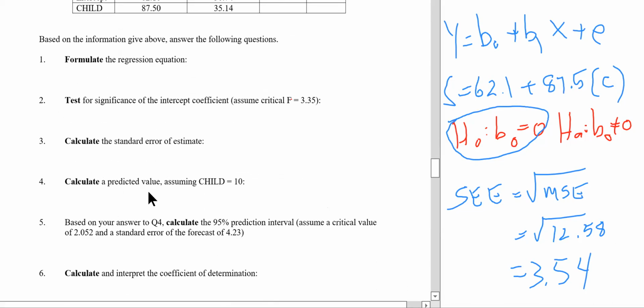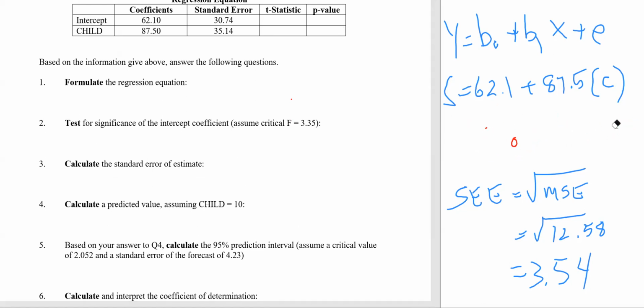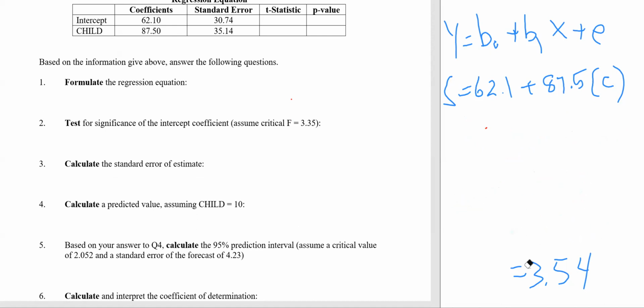Calculate the predicted value. Let's come right back over here to our model, and this is pretty straightforward. All we're going to do is plug in the value for the child, which is just 10.